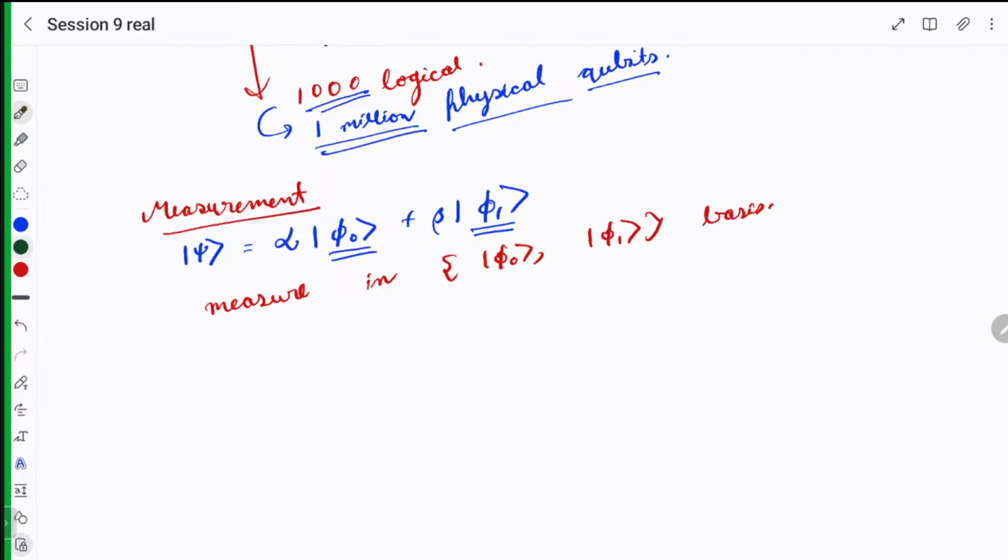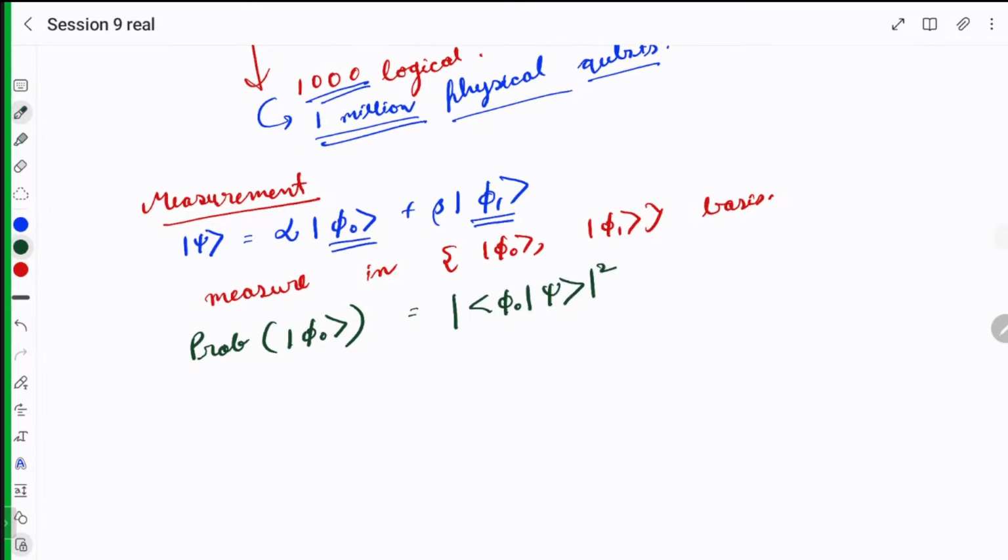what you have is that the probability of getting, say, phi naught was simply you took the projection along phi naught of psi and the mod squared of that. So basically, this was kind of analogous to this n dot v whole square, the projection of v along n.